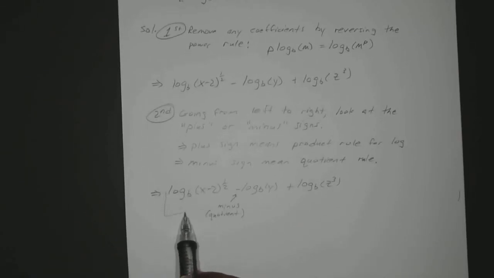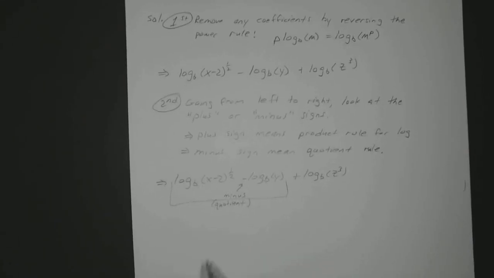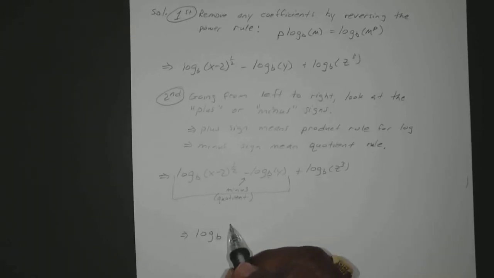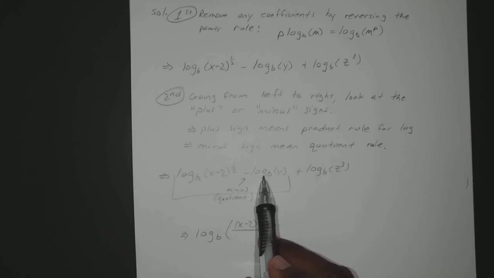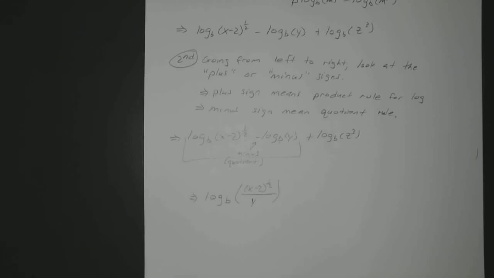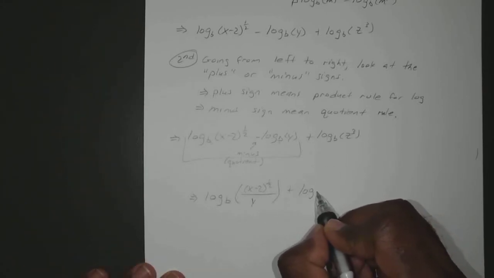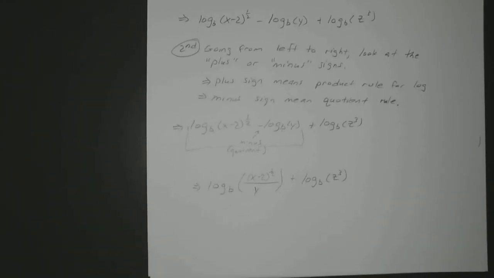So these two terms, as long as they have the matching base, they will combine to give us log base b of x minus 2 to the 1/2 divided by y. Okay. So that's just the quotient rule in reverse. And we still have that plus log base b of z to the third power. Okay, so we got rid of that first minus sign just by doing the quotient rule.